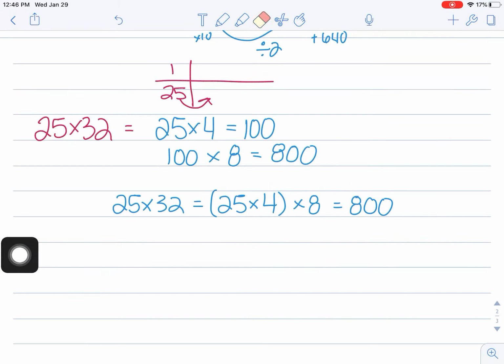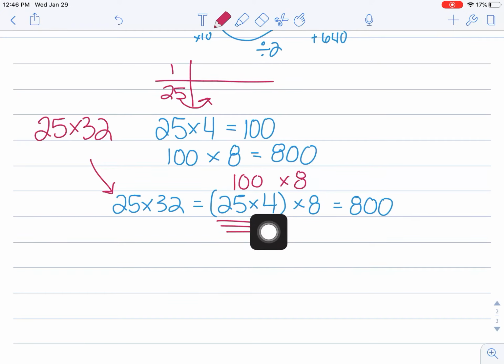So I put the equal sign in the incorrect location. Sorry about that. You'll notice that I took my 25 times 4 because I know that's easily going to get me to 100. And then I multiplied that by 8 because 4 times 8 is 32. So it will be the same thing.